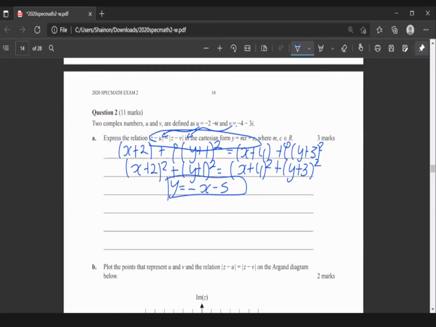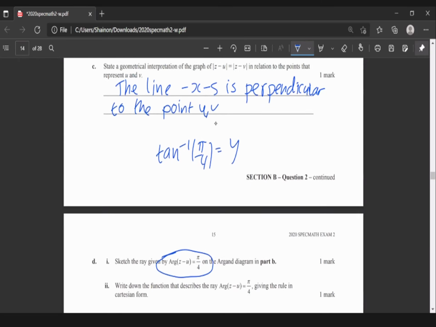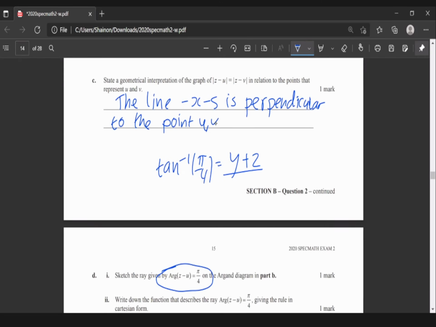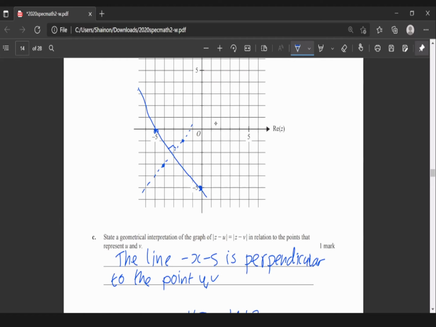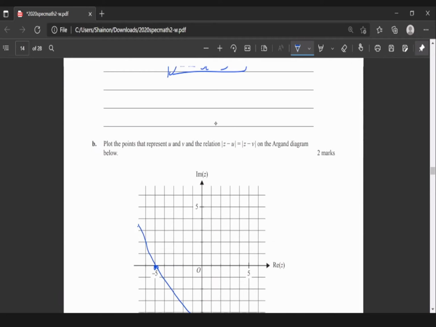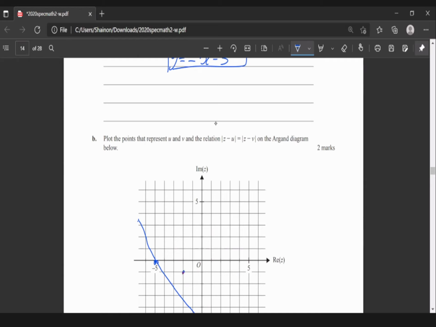Negative 2, negative 1, so x plus 2, y plus 1, and then find that equation and put it onto here. Oh no, I just rubbed out the points. What was it again? Negative 2, negative 1, negative 4, negative 1, 2, 3. Yep.